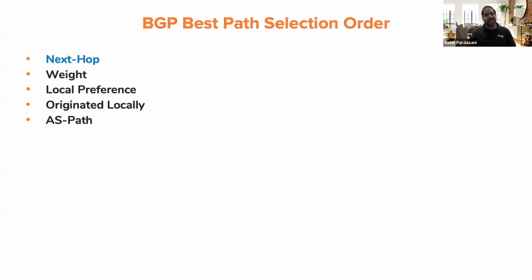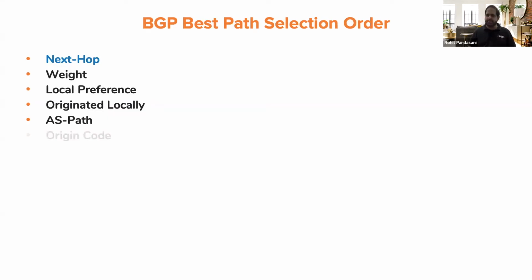So that's AS path. Shorter hops of AS is better. Remember, AS path is not a router by router hop. When I say shorter hops, it means hops of AS. There may be hundreds of routers in the middle, but it's counting not the routers, it's counting the hops of AS. So shorter hops of AS is preferred.